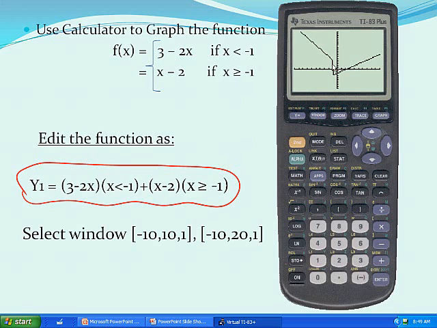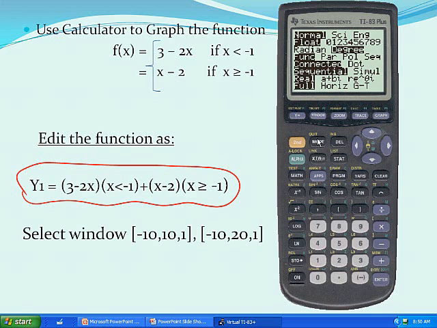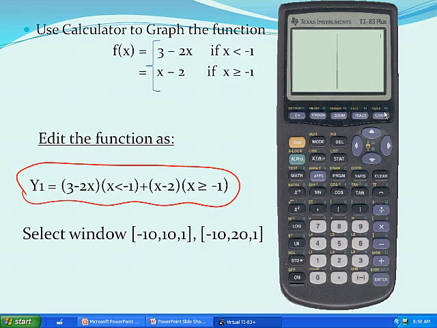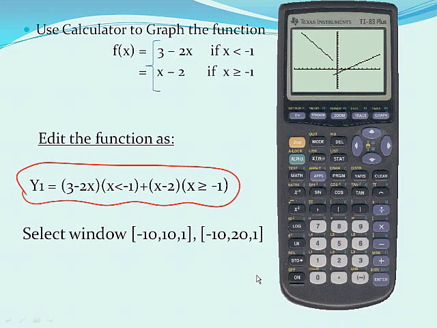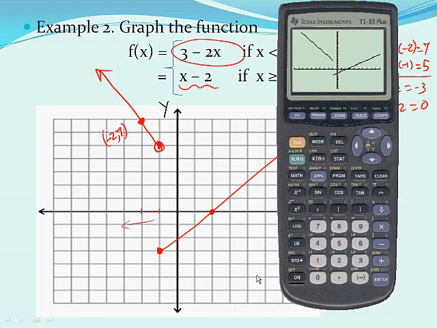But notice that there is some unwanted line segment here, and we can hide that by setting the calculator in the dotted mode. So I'm going to press mode and then come down here, put the calculator to dot mode instead of the connected mode. Press enter. And if I go back and graph again, I will get the two line segments. This is the graph of the piecewise defined function, which looks like what we got earlier.